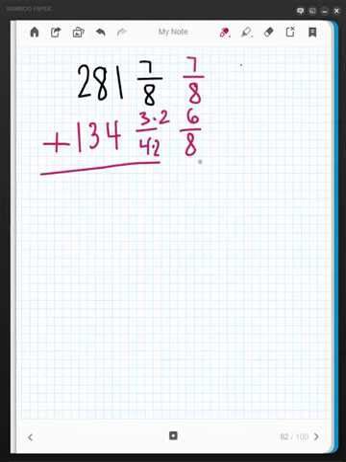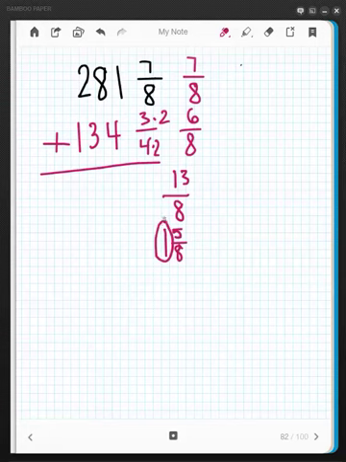Now we add together 7 plus 6, which is 13, and that's over the common denominator of 8. Ooh, but that's an improper fraction, so remember what we do is we change it to a mixed number. 8 will go into 13 one time with 5 left over, and that goes over the original denominator 8. And then we're going to take this 1 and carry it up here.